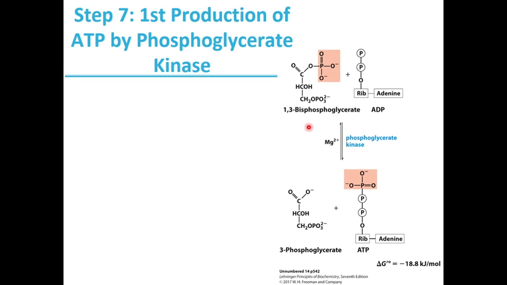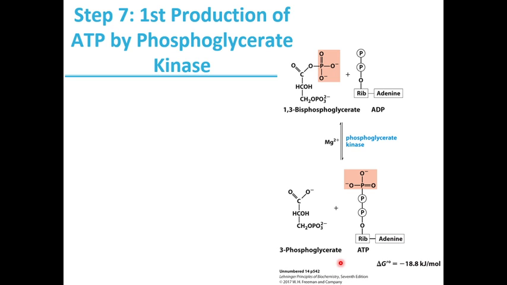Step 7 of glycolysis involves the conversion of 1,3-bisphosphoglycerate to 3-phosphoglycerate. And this is the first step in glycolysis that involves the production of ATP.